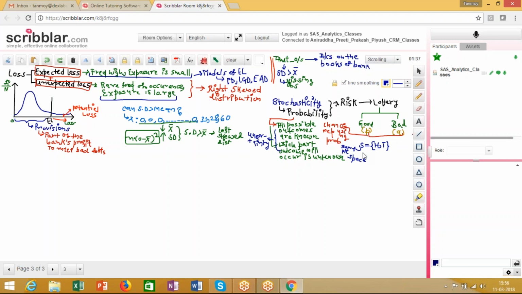Also, given that the first has been a head, if I toss the second coin, it is absolutely independent of what has happened previously, right? So these outcomes are absolutely random in nature.